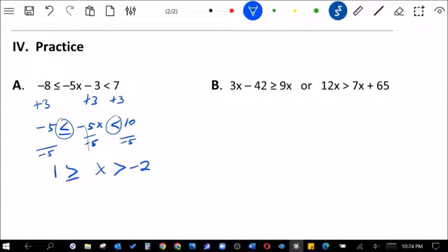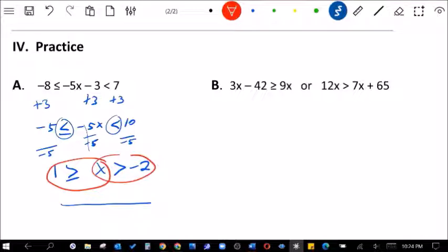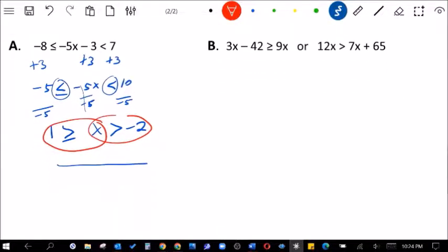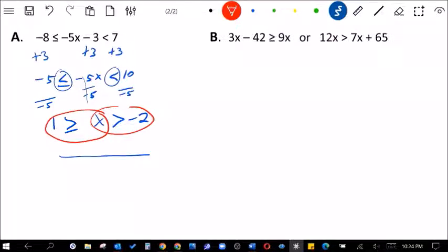Oh, now, wait a minute. We have to look at what this means separately. So we're going to need to do this and then this to graph it, because you realize this cannot be the correct answer. It is the correct answer in a convoluted math way, and we have to change it back to the way it's supposed to be. Okay. So if I put -2 here, here's what 0 was, here's what 1 is.